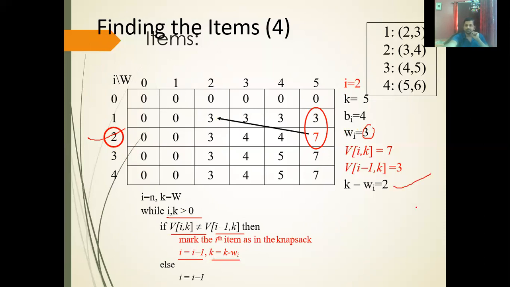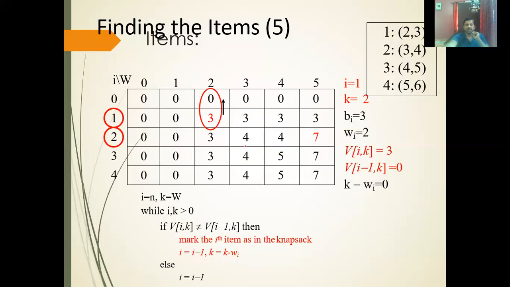See here. Next. I is 1, k is 2. Both are greater than 0. V of 1 comma 2 is 3. 3 is not equal to V of 1 minus 1, that is 0 comma 2. Not equal.